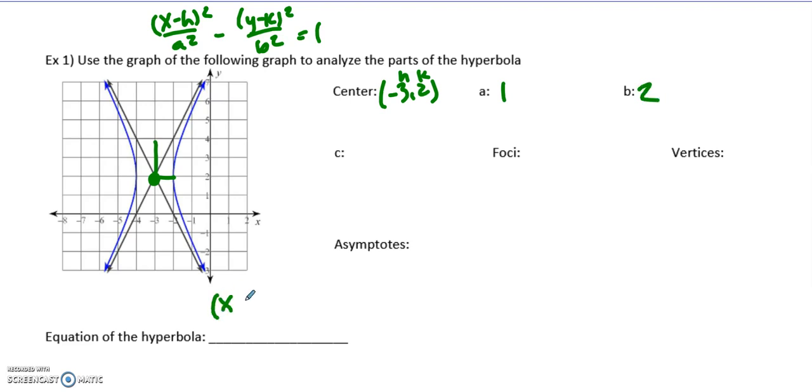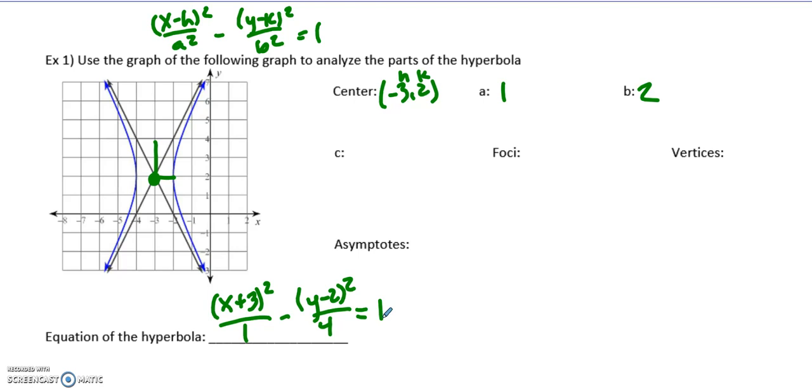It's going to be x opposite h, plus 3 squared over, I'm going to put 1. You normally wouldn't because that's 1 squared. Minus, I have y opposite k squared over b squared, which is 4. And this equals 1. All of that is to write my equation. That's it. There's no more.